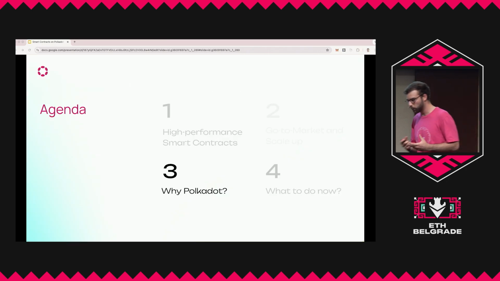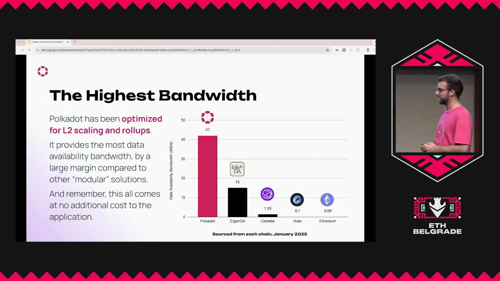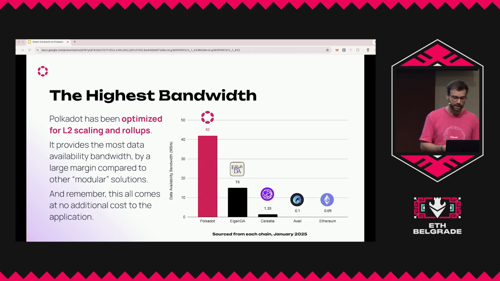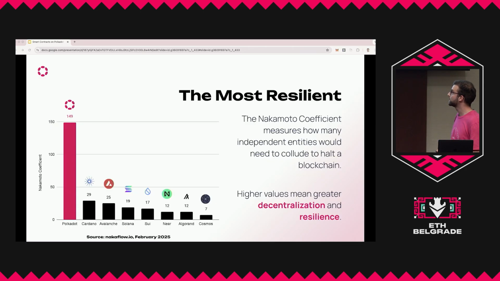So why Polkadot? The answer takes into account many factors. One of them is bandwidth. At the moment, we provide the most data availability by a large margin compared to other solutions. We are the most resilient. We, in fact, have the greatest Nakamoto coefficient.